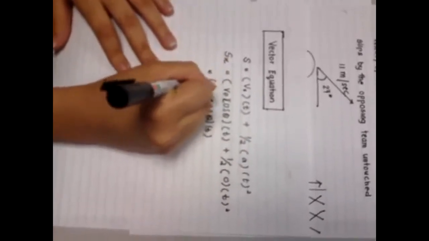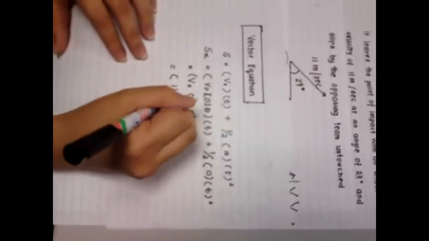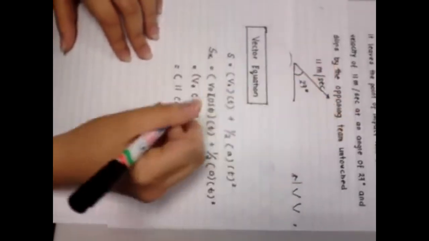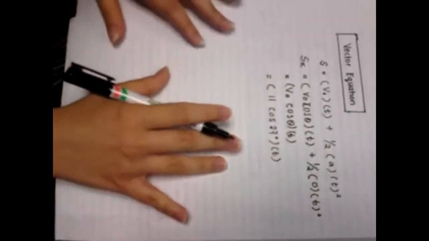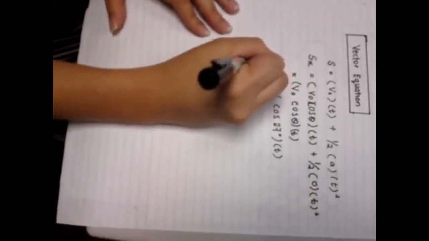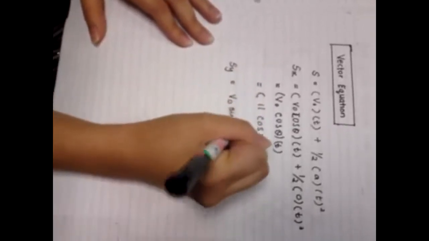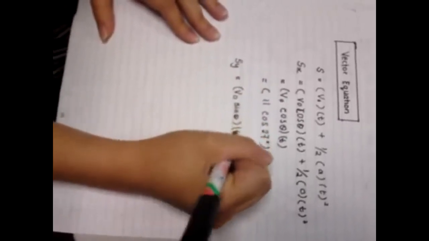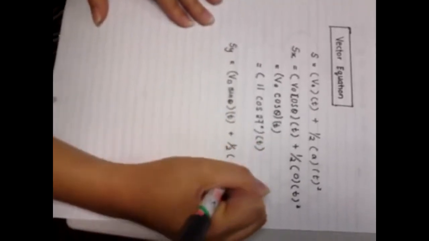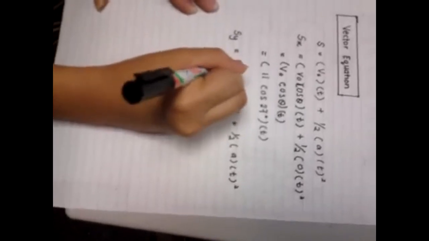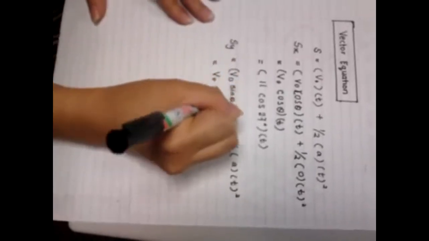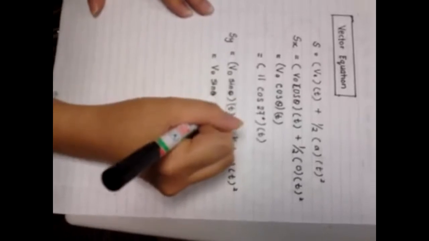Equal to, so the V naught is 11 cos, the angle is 27 degree, T. So the second part is Sy equal to V naught sine theta T plus half of acceleration T squared.